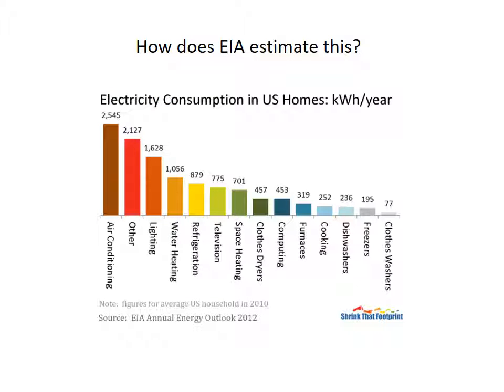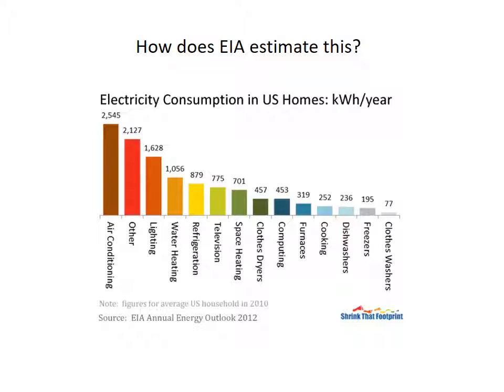So this gives you an idea of how electricity consumption in residential homes breaks down. And these numbers are in terms of kilowatt hours per year. And so this is obviously on average. There's quite a bit of variability by region and by household in terms of what devices are being used and what's contributing to electricity consumption overall. But this should tell you right off the bat that air conditioning is a really big source of electricity consumption in the United States.